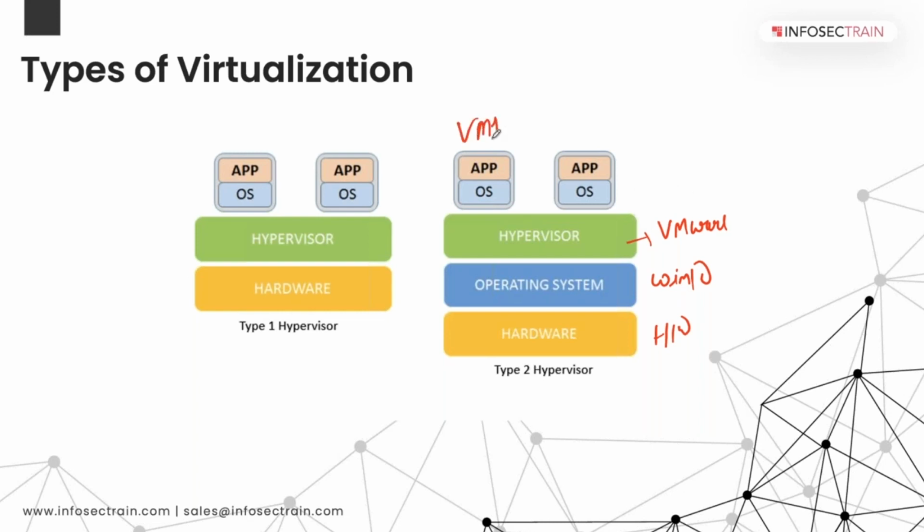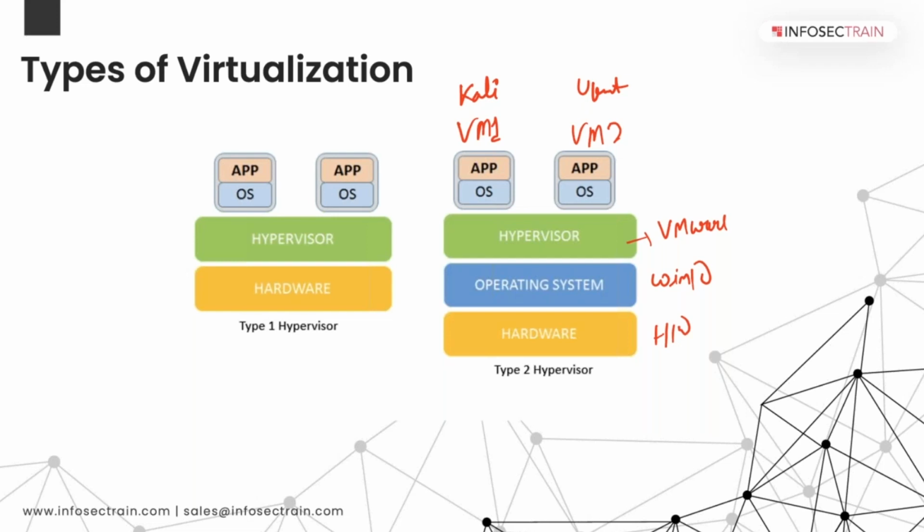Inside them, if you run tools like VMware or VirtualBox, I have multiple virtual machines. Like in this machine I am running Kali Linux. In this one I am running some Ubuntu server, right? So within one machine, I have created multiple virtualizations. So this is type 1 and type 2 virtualization.